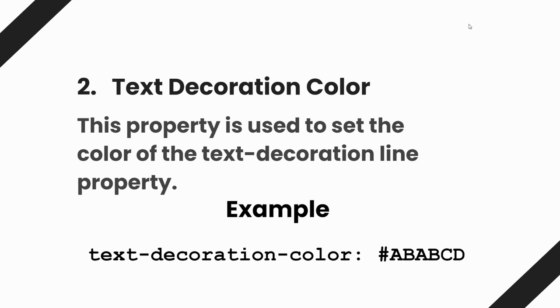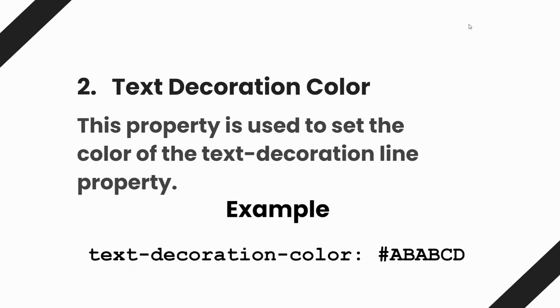So the next property we have under the text decoration is the text decoration color property. I believe we all know what this means. Whenever a property has color attached to it, it's basically used to serve one purpose, which is to change the color of that property. So this property is used to set the color of the text decoration line. It is quite dependent on the first property, so without the line, this property might not work.